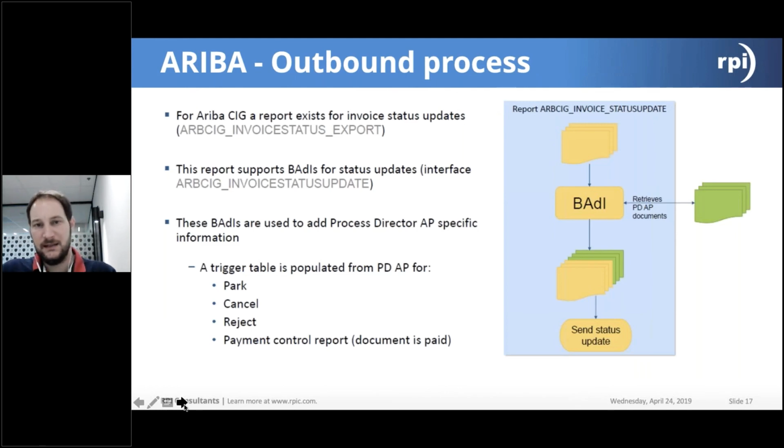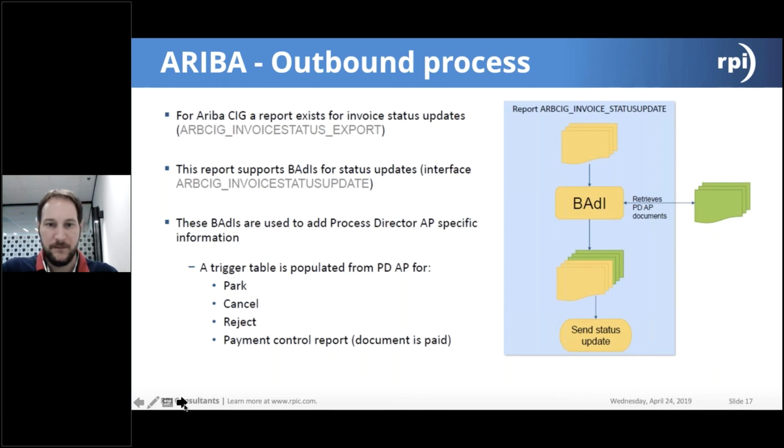Okay, the first part was the inbound process, so receiving the documents from Ariba, and the second part is related to updating the status in Ariba from PDP, or what we call the outbound process.